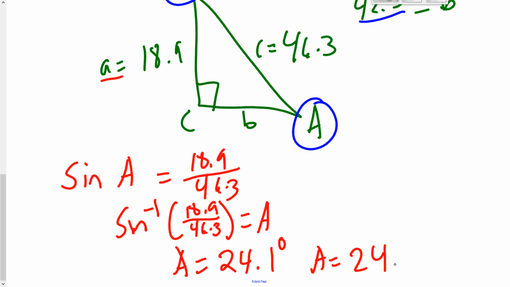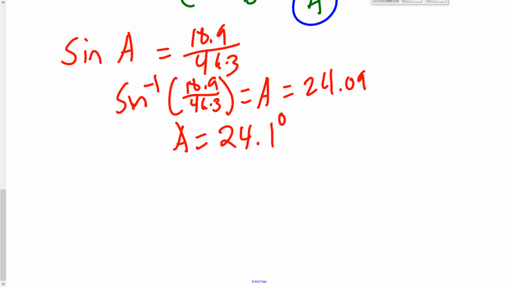Back of the book it says something like this, and 10 minutes. But 10 minutes is 0.17 rounded. And when we do this, we get 24.09 rounded. Three significant figures is 24.1 degrees, which would actually be 6 minutes. So the back of the book is wrong here.